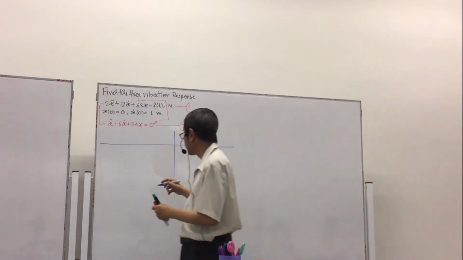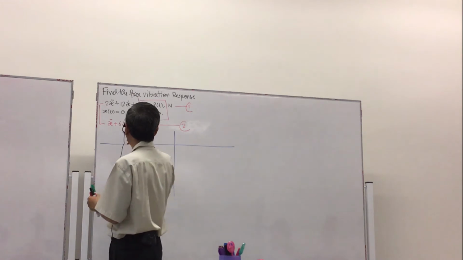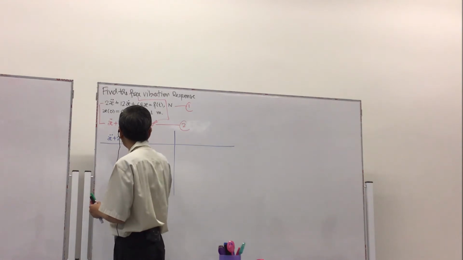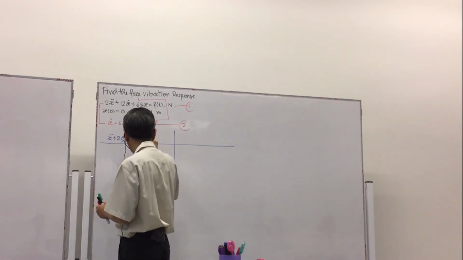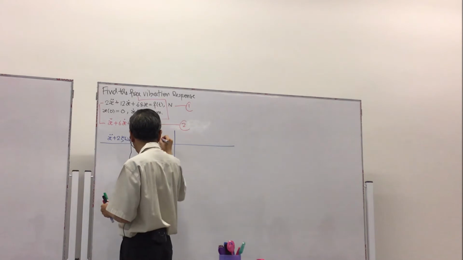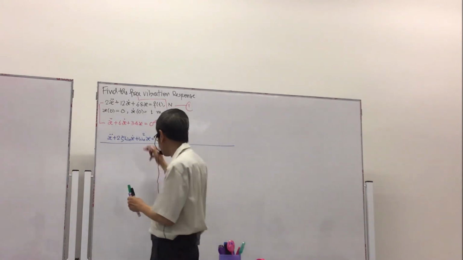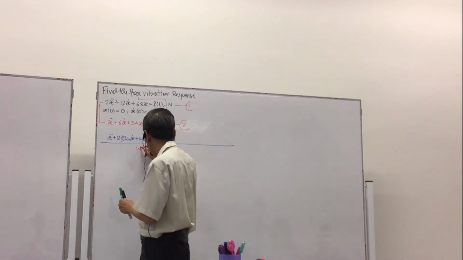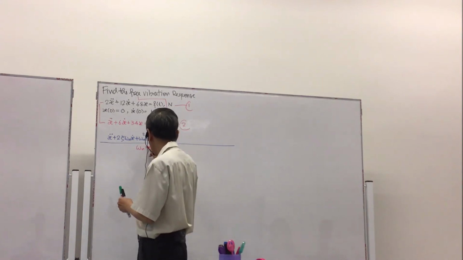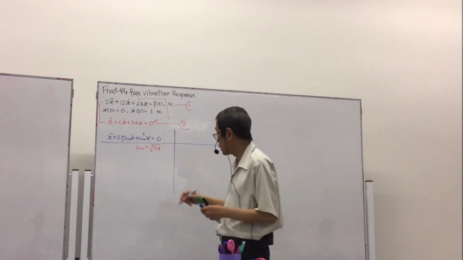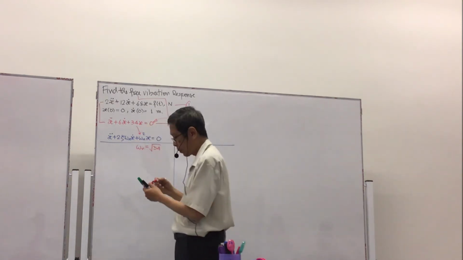If I start with the first one, by equating this with x double dot plus 2 zeta omega sub n x dot plus omega sub n squared x equal to 0, I can equate omega sub n equal to the square root of 34 for the natural frequency.